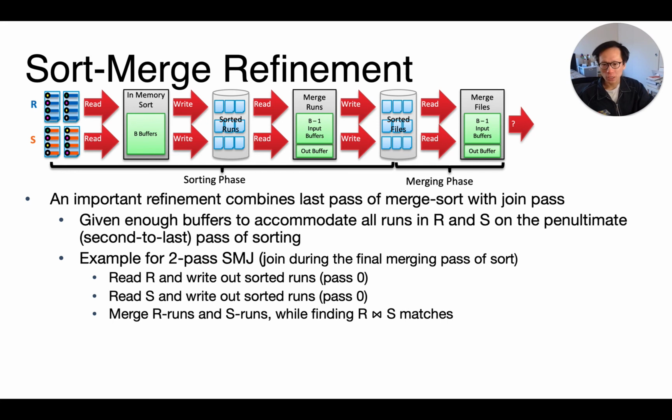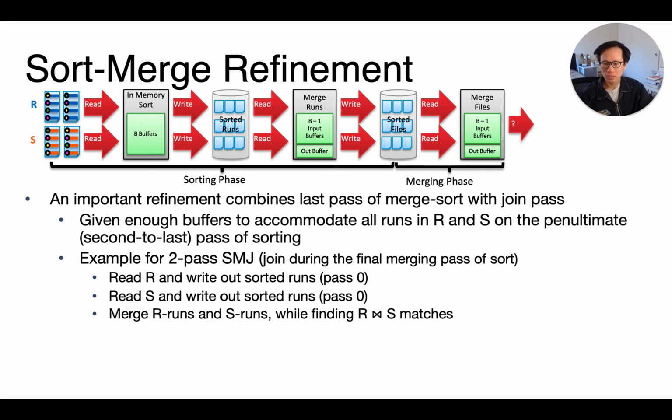But at the same time, we are also going to look for pairs across R and S for join matches. So while we are merging the R runs, we always know the minimum value of R in memory. At the same time, at any given time while we are merging the S runs, we also know the minimum value of S. So we can do these next calls that we did in the merge join algorithm as those runs are being merged.